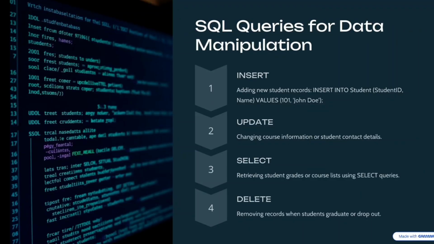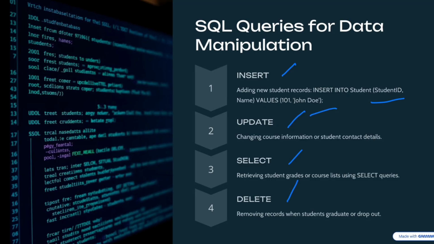Now to see SQL queries and data manipulation. What is SQL? As we all know, it is Structured Query Language to work with data. The main types are insert, update, select and delete. Insert adds a new student record: when a new admission happens, we enter the student name, values and phone number.